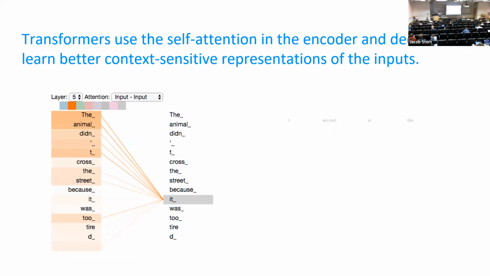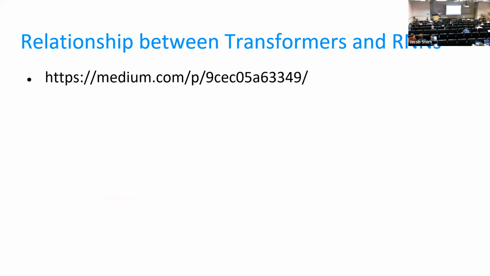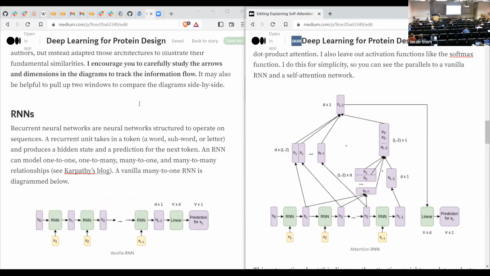All right. So yeah, we talked about context-sensitive representations, and now we are going to take a look at a blog post. I'm up on the video. Okay. So full disclosure, I wrote this blog post, but I think it's pretty helpful. So hopefully this helps.